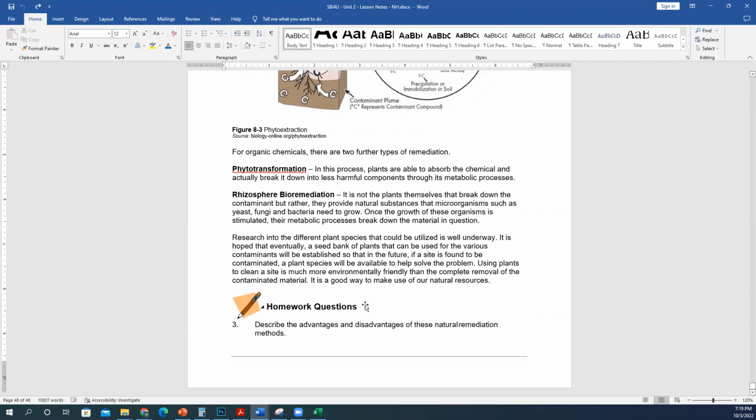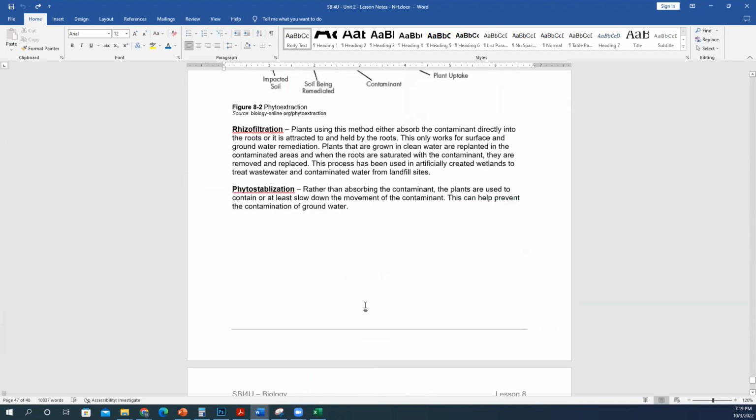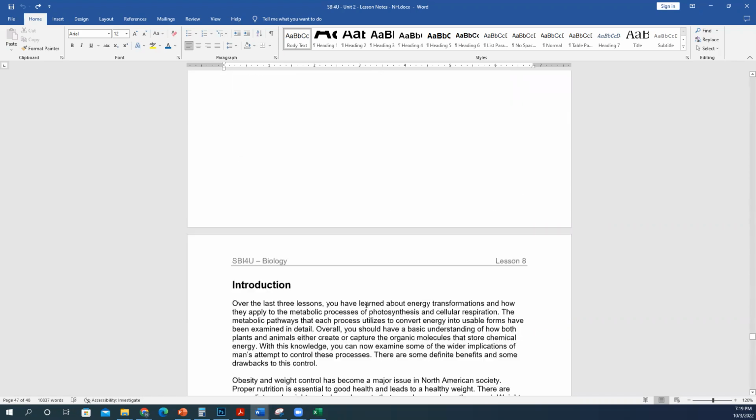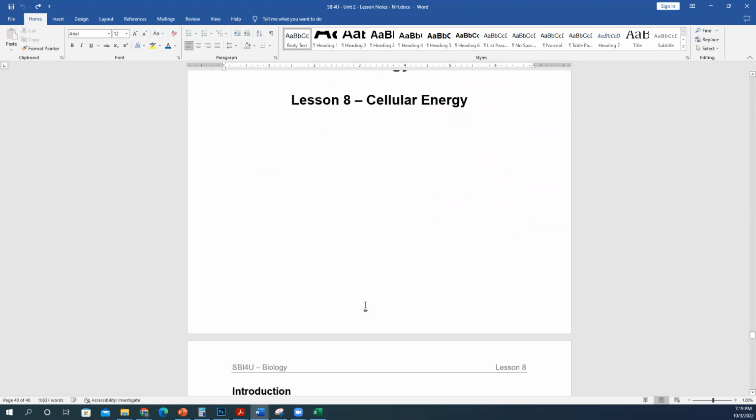So this brings us to the end of our last lesson in Unit 2. So this week, next lesson on Wednesday, I will introduce you to the project and presentation portion of this course that you have to do.